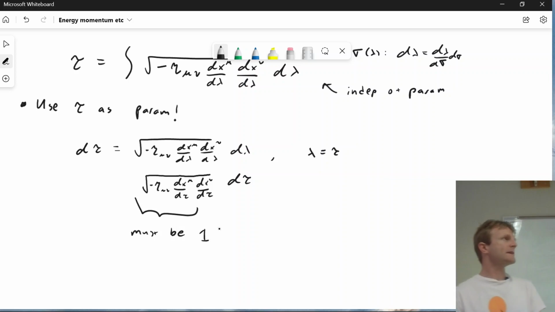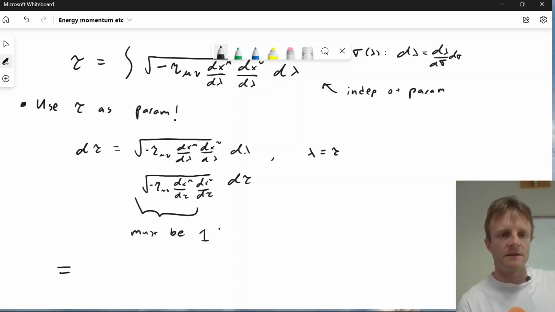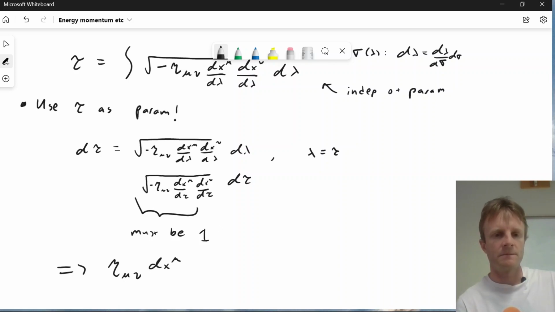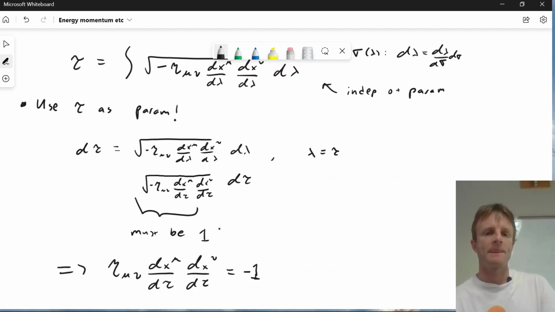Okay, so if you use tau as a parameter, which you've already done on that homework problem, so hopefully it doesn't seem so mysterious, then it follows that eta mu nu dx mu d tau dx nu d tau equals minus 1, right? Because of that minus sign in there. To get the thing in the square root to be plus 1, I need a minus sign.